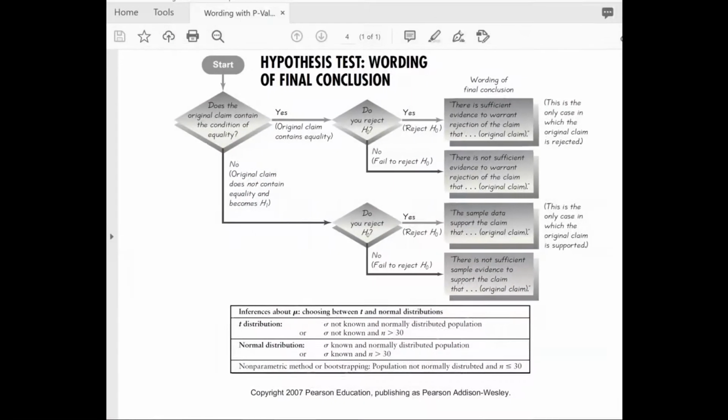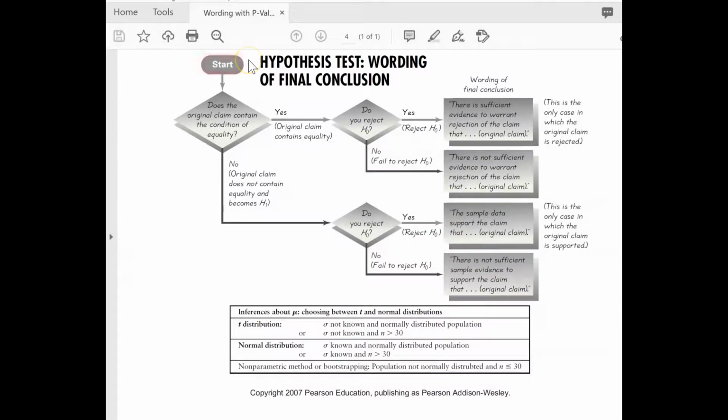Let's look at the table to help us toward the final conclusion. We start by answering the question, does the original claim contain the condition of equality? No. Do you reject the null hypothesis? Yes, we rejected the null hypothesis. We can say the sample data support the claim that our original claim was that P1 is less than P2.